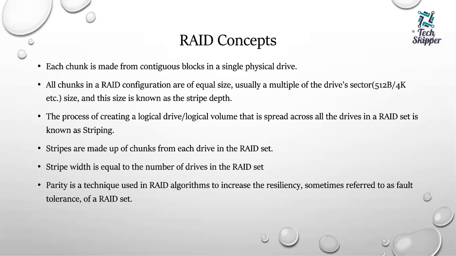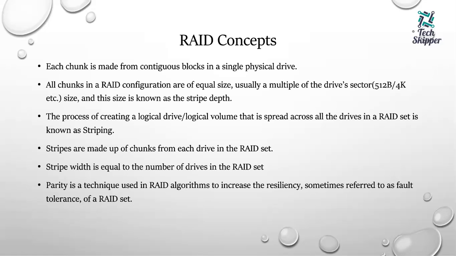The process of creating a logical drive that is spread across all the drives in a RAID set is called striping. Stripes are made up of chunks from each drive in the RAID set. Stripe width is equal to the number of drives in the RAID set.